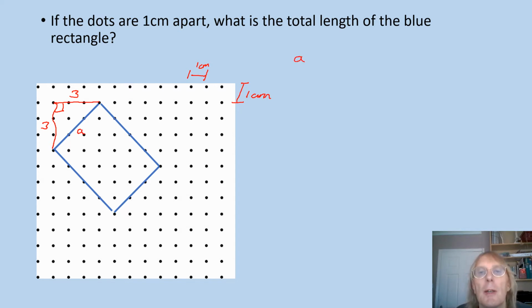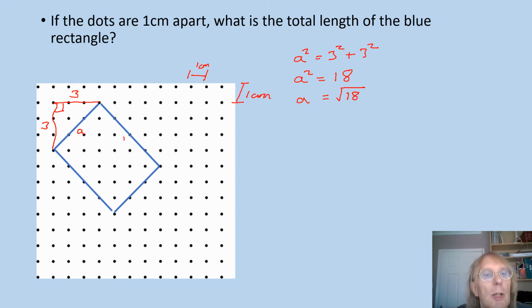A squared equals 3 squared plus 3 squared. So in this case, A squared equals, well, 3 squared is 9, plus 9 is 18. So the length of A is going to be square root of 18. So we've got the length of A in surd form.